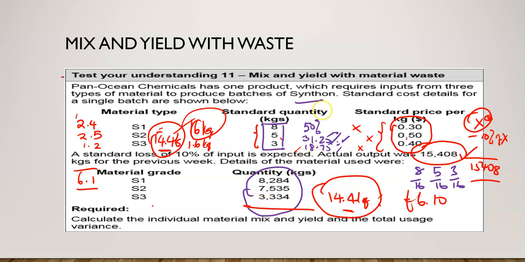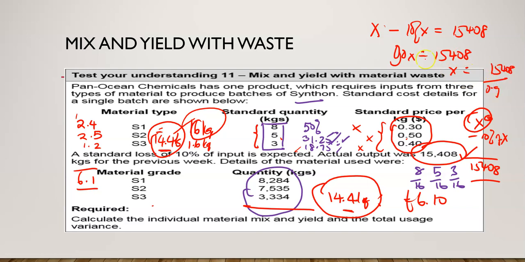We're just looking from the point of view of inputs this time. So X minus 10% of X gives 15,408, or 90% of X is equal to 15,408, and therefore X is equal to 15,408 divided by 0.9, which gives us a healthy 17,120. So we expected you to put in 17,120, but you ended up putting in 19,153.